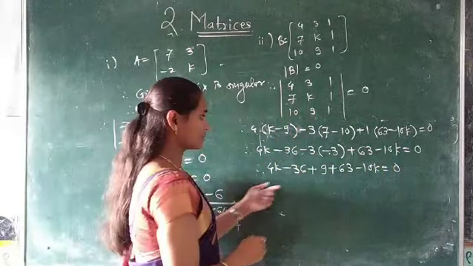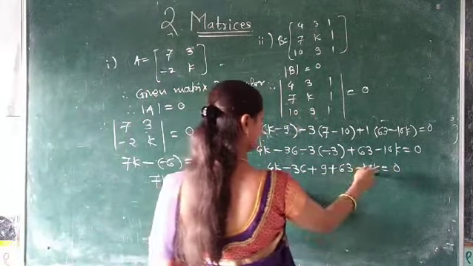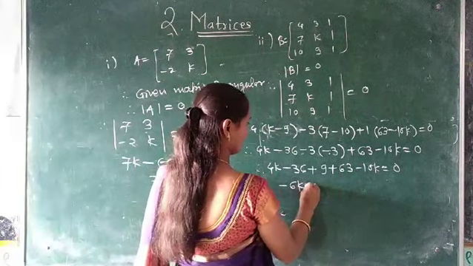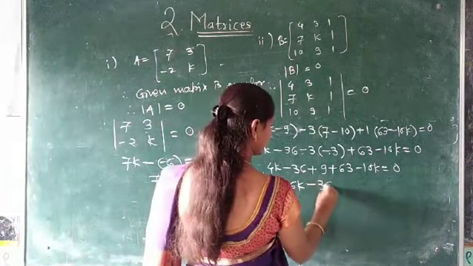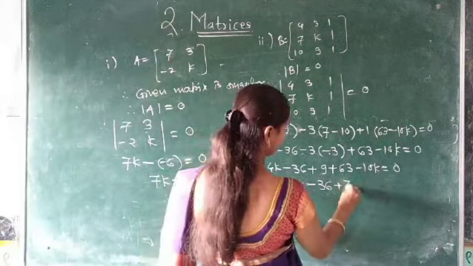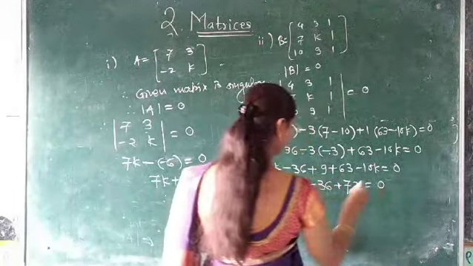Now collect terms of K. Here 4K and here is minus 10K, so it becomes minus 6K. Now minus 36 plus 9 plus 63, that is 72, is equal to 0.